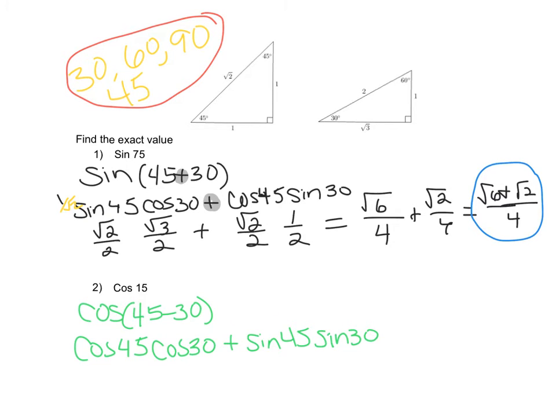Okay, so now I've already found a bunch of these. I already know what the cosine of 45 is. Cosine of 45 we did right here, so that's radical 2 over 2. The cosine of 30 I did up here already, so I'm just going to reuse what I had, which is radical 3 over 2.